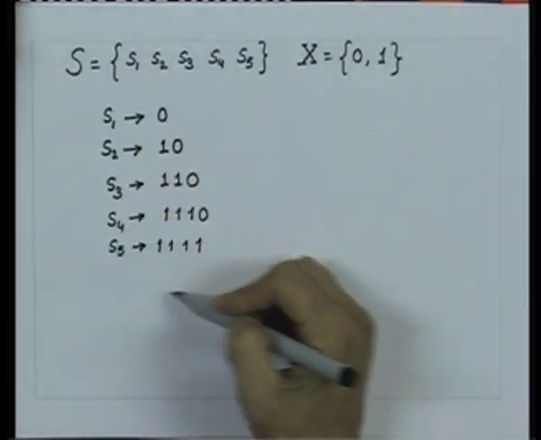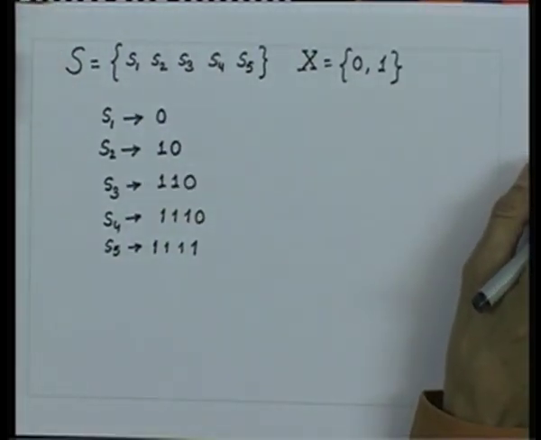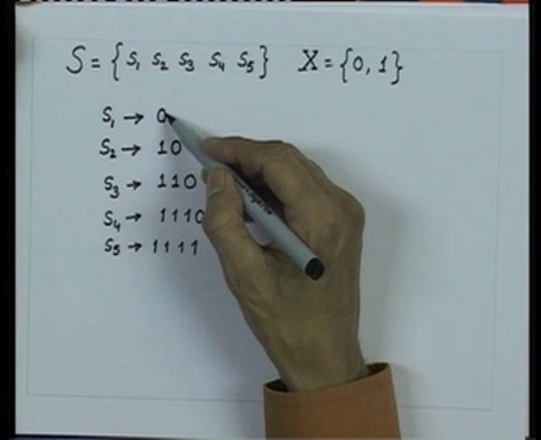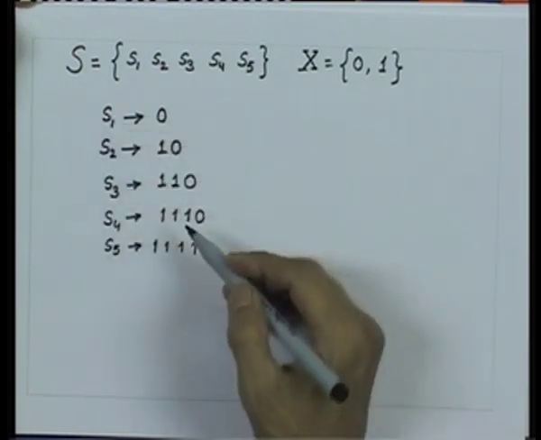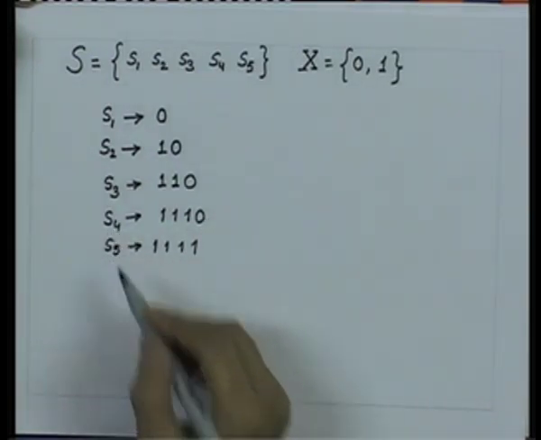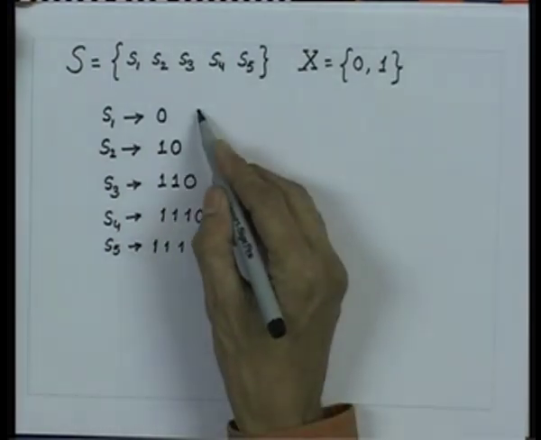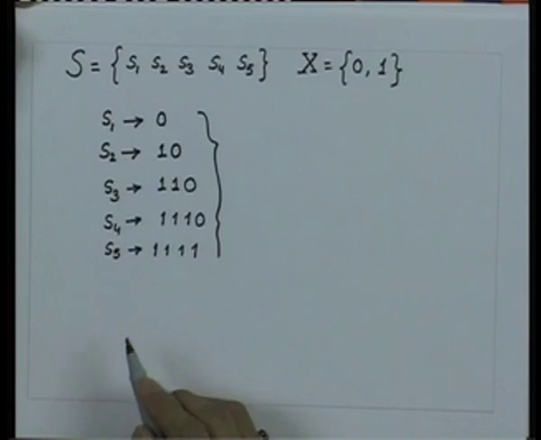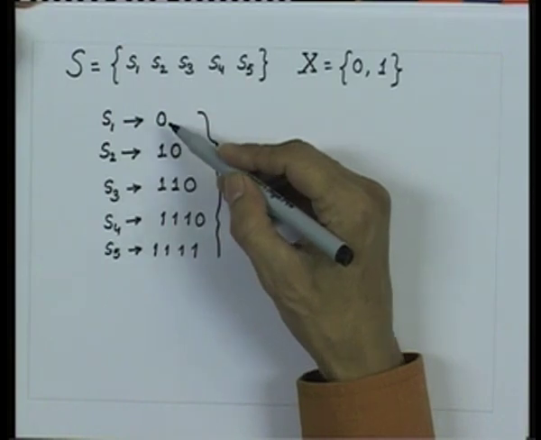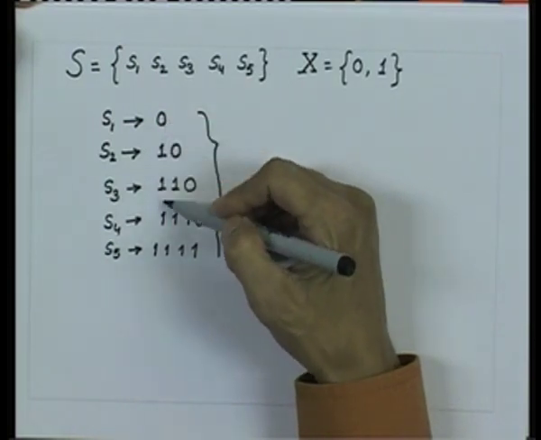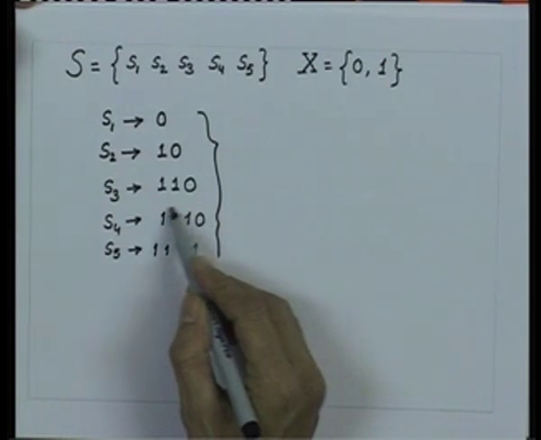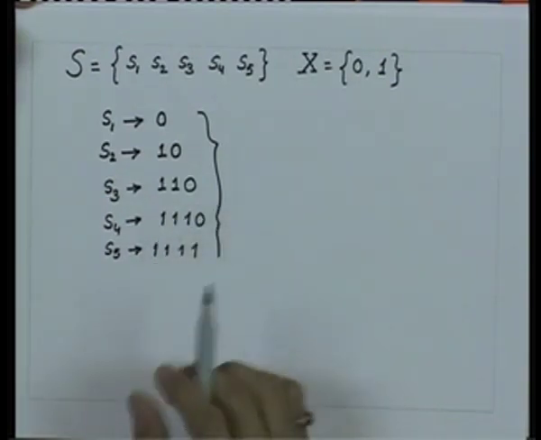So, this is one way of synthesizing a binary instantaneous code, where I started with a code word length of 1 for S1 and reached a code word length of 4 for both S4 and S5. From this example, it is obvious that when I start with fewer symbols initially, the length of the later code words increases.